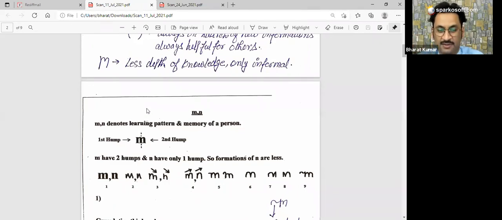Few relatives have this kind of handwriting. Generally it is a simple thing. Many people are supposed to sound very high, but actually empty vessels sound much. They don't have knowledge. So please tell me in the chat box which number of M is matching with your writing.